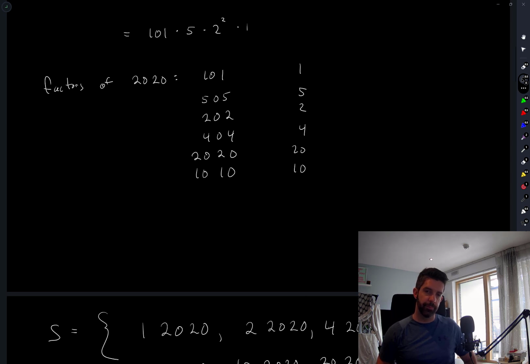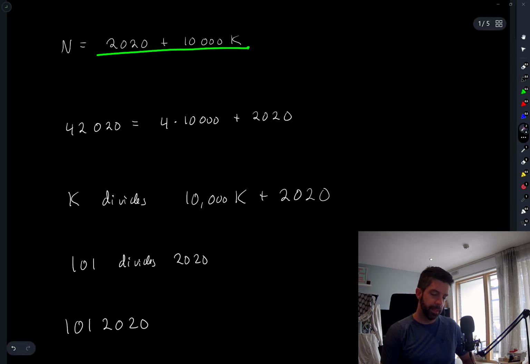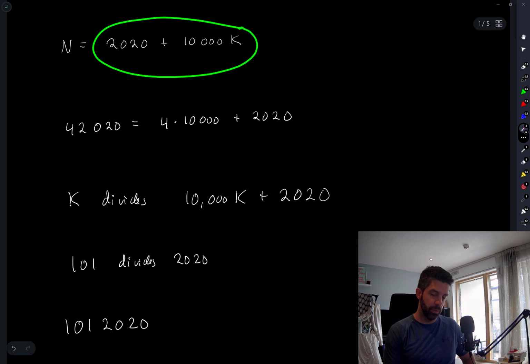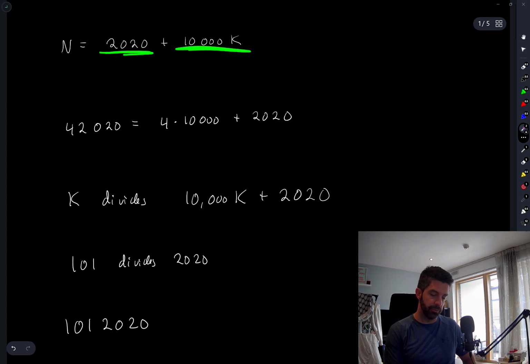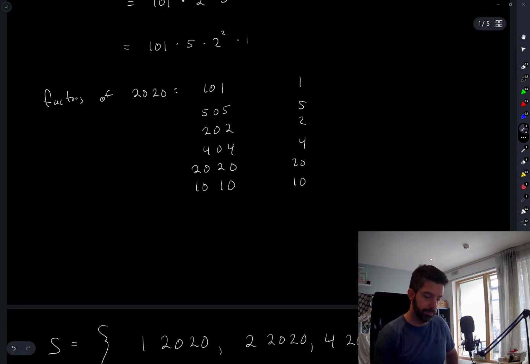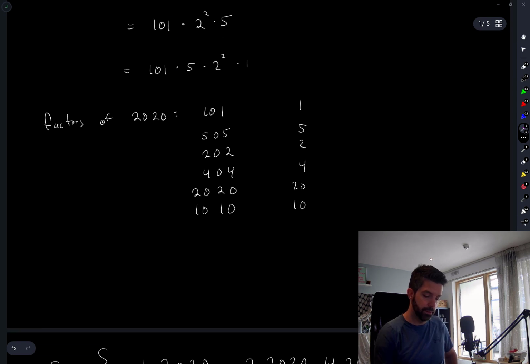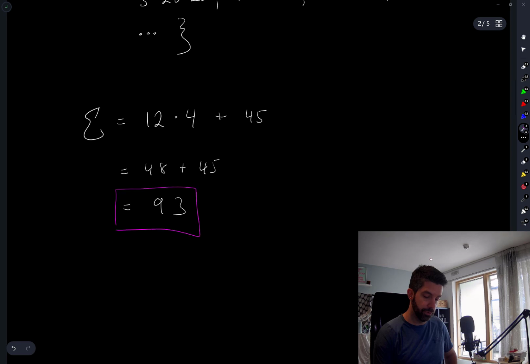I thought classifying all the numbers in the set S would be more difficult, but once you write this down, you realize all the numbers have to look like that. And then you're looking for numbers k such that k divides this whole thing. Well, k always automatically divides that part. So we're just looking for factors of 2020. And there aren't that many. If you identify 101 as a factor very quickly, then it's pretty clear there won't be that many factors in total.